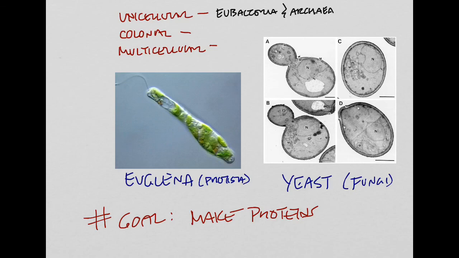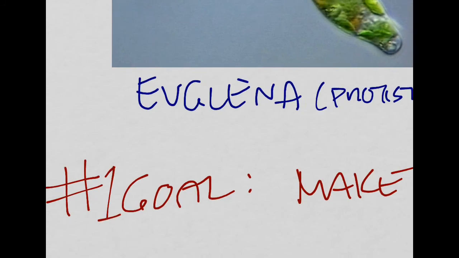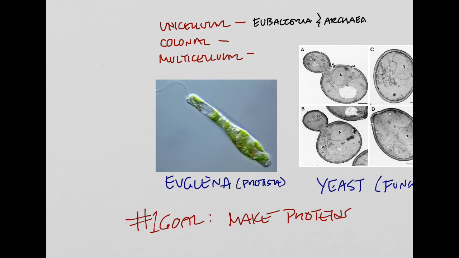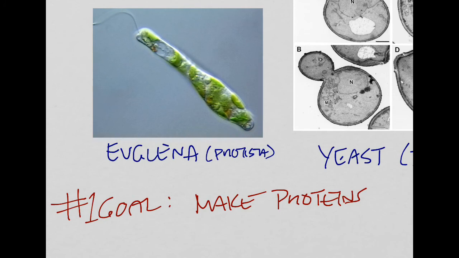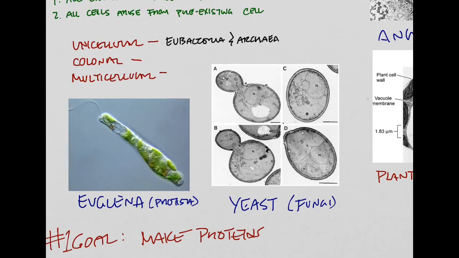It can lead to being a muscle cell which contracts so that you can move your body around. It might be a cell that produces hormones or digestive enzymes or whatever it is. But ultimately, if you think about the number one goal of a cell being a protein making machine, that's going to help you tremendously as we move forward and consider all the different things that are involved in making proteins.